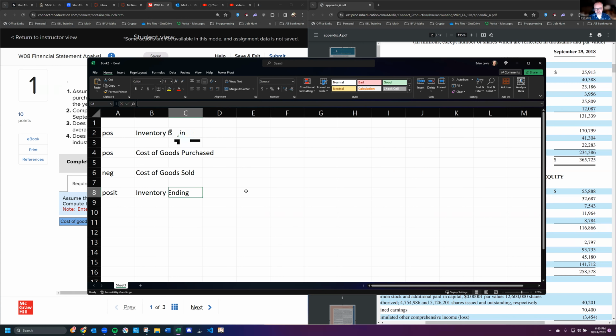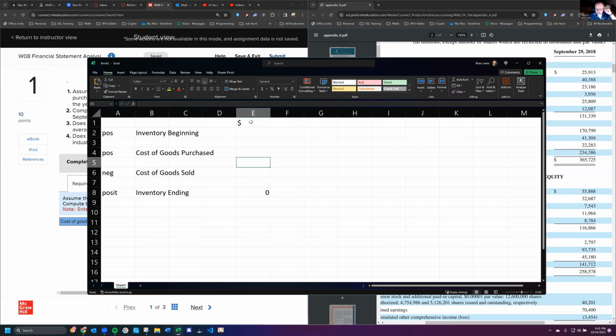So we can actually do this little calculation right here. These are just the values. We'll just do dollars. So down here, we would say inventory beginning plus cost of goods purchased minus cost of goods sold equals your ending inventory. So that's just one way of doing the formula.